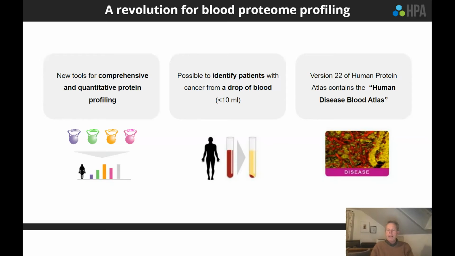It says 10 milliliter here, but it should be 10 microliter, of course. And version 22 of the Human Protein Atlas, which is published, contains the new Human Disease Blood Atlas. So I urge you all to explore the data by yourself.